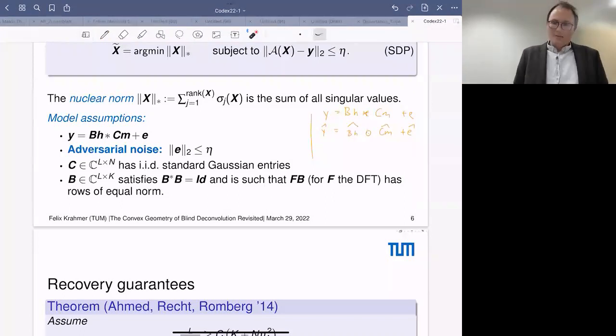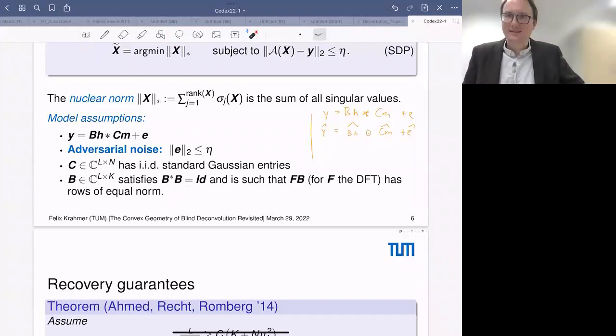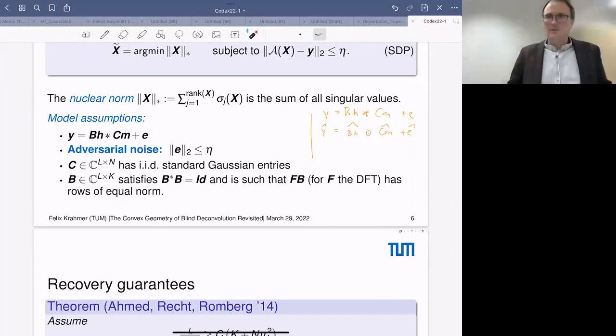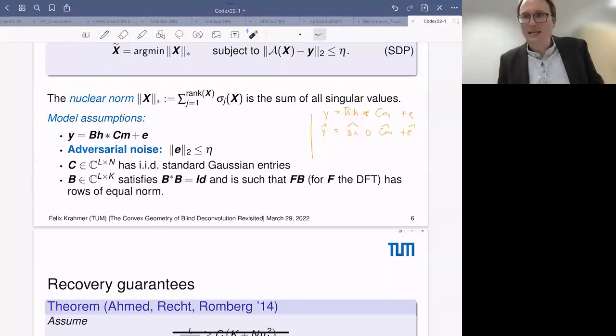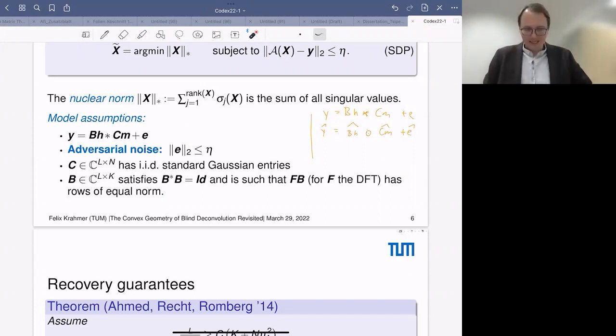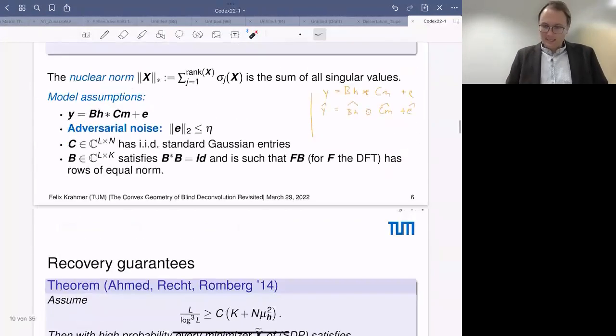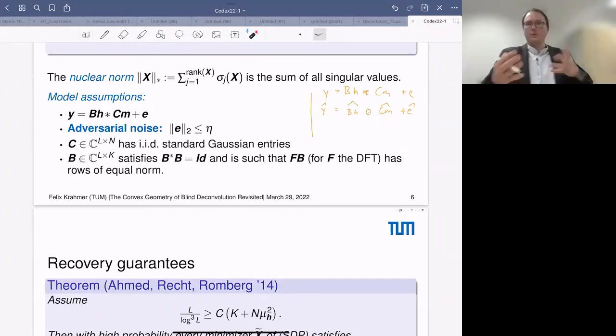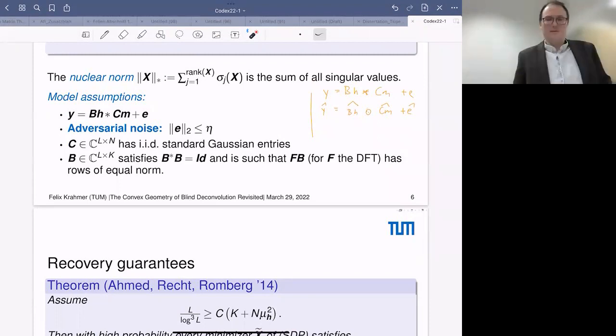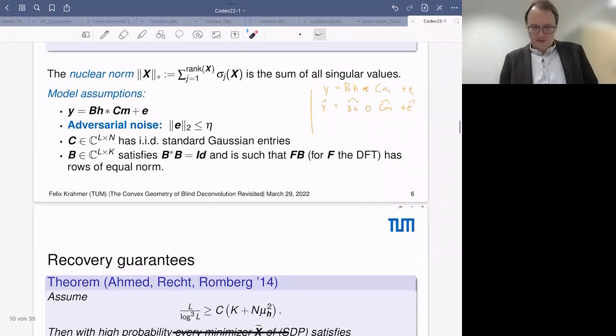So in some sense, this type of condition, and we will see more conditions that are related later, have the intuition behind them to ensure that this doesn't happen, that because this B here is unevenly spread, certain information will potentially get lost. So this is some general information that this B is well distributed. We will do something additional with this vector H that ensures that the joint thing is well spread.